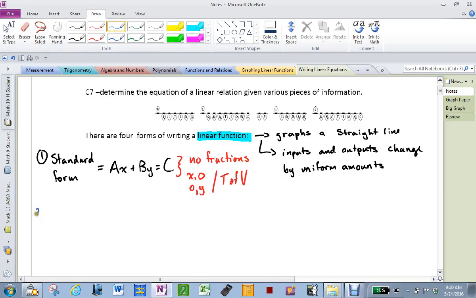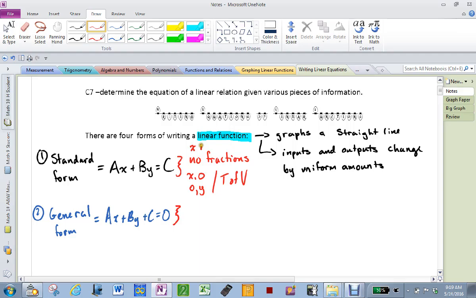Second form. General. Nice spelling, Mr. Myers. General form. What's that guy look like? AX plus BY plus C equals 0. What are the rules we got to remember? Oh, I forgot one rule in standard form.